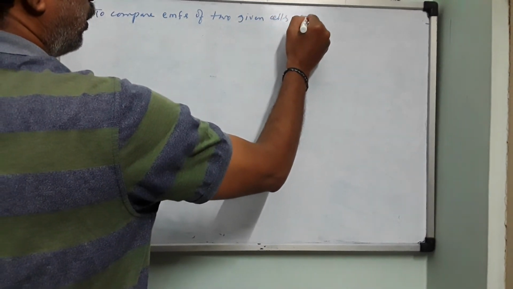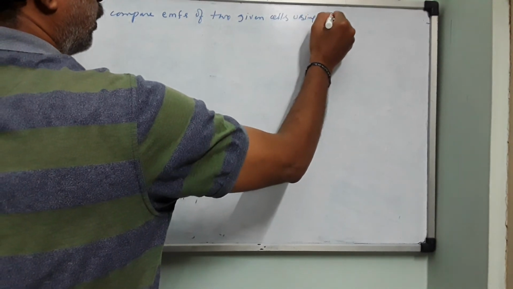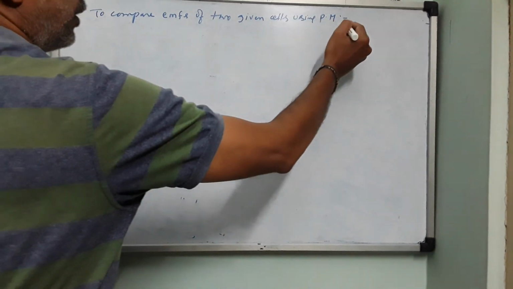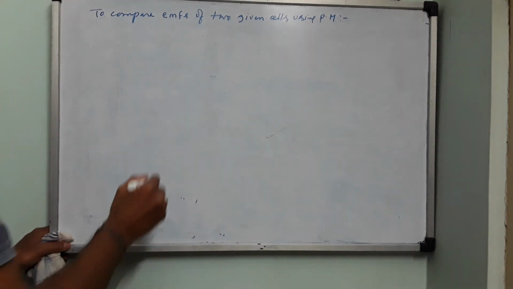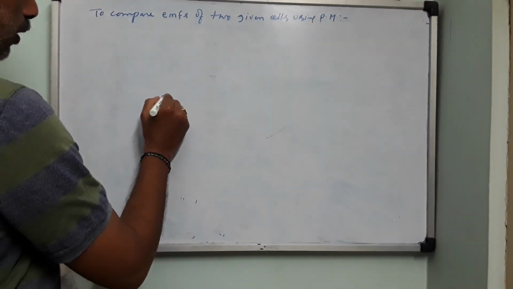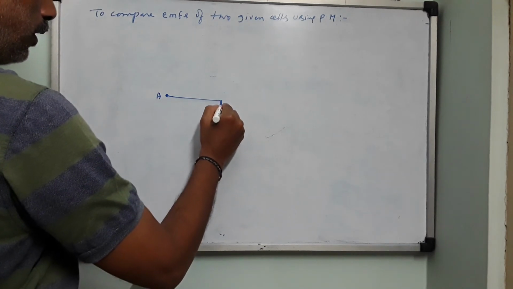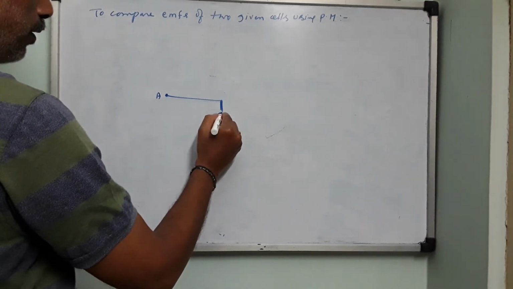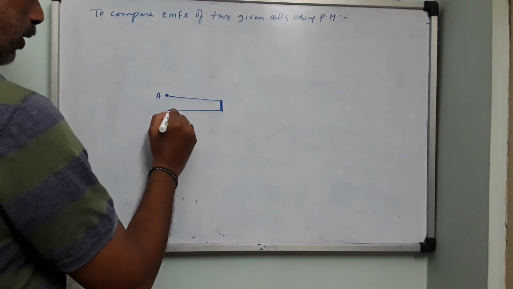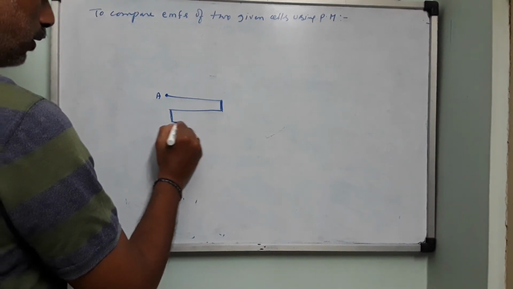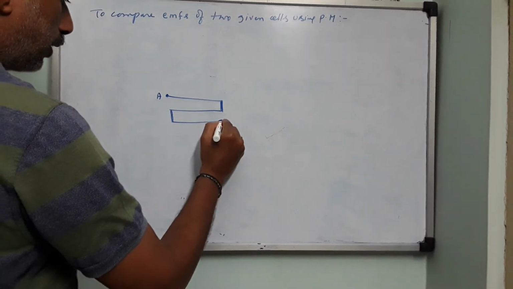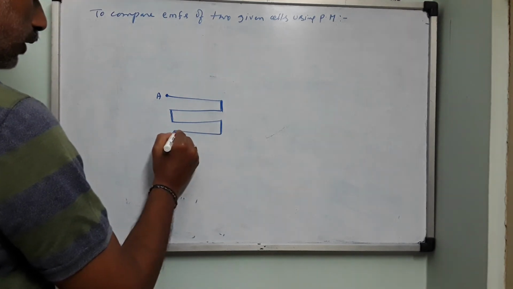Using a potentiometer. PM means potentiometer. So quickly, this is my point A. Here 100 centimeter, there is a metal strip, and 200 centimeter, again there is a metal strip, 300 centimeter, here there is another metal strip, and this is 400 centimeter.